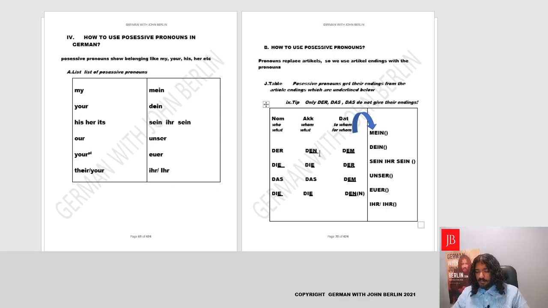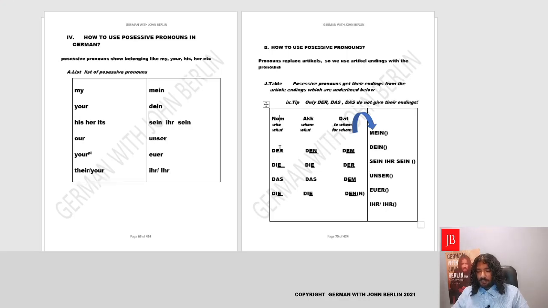Whenever we use any of these possessive pronouns, which I have written down on the right, just like we learned here: mein, dein, sein, ihr, sein, unser, euer, ihr, ihr. You see, I have left open a couple of brackets here, which show that these possessive pronouns are not to be used alone. They basically borrow the endings of the articles.